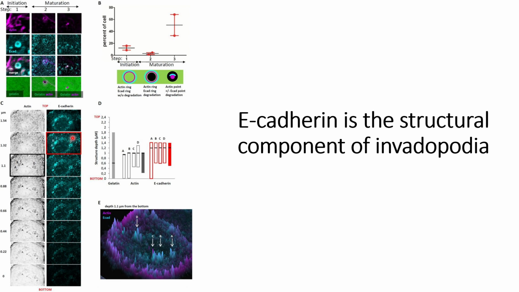When they did the quantifications in panel D, we can see that the depth of the actin is high compared to E-cadherin, meaning from the bottom it is low but from the top it is high. E-cadherin depths are low.